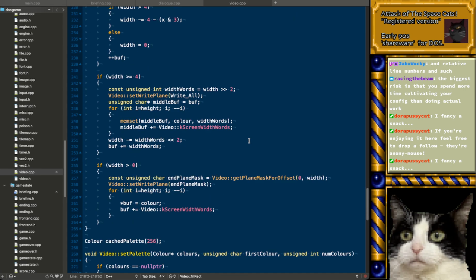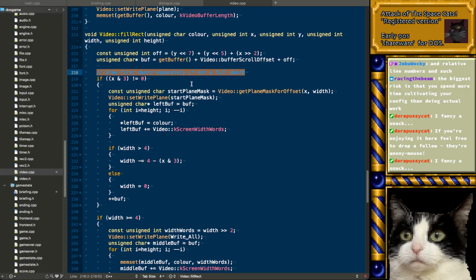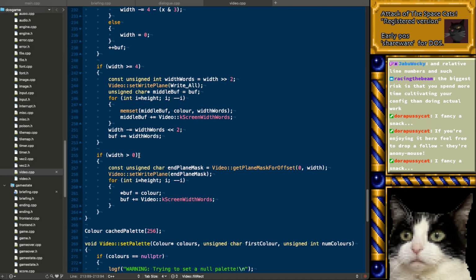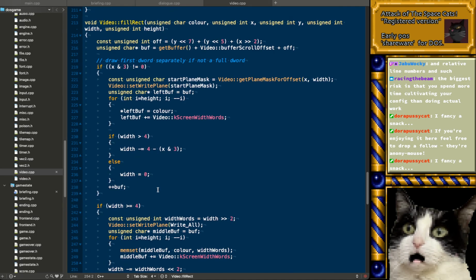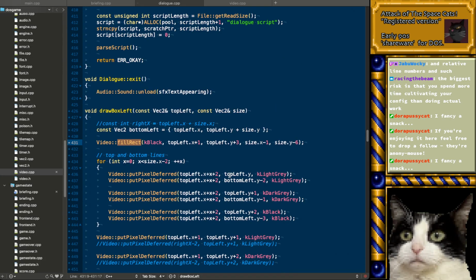What about the last D word? What about the last D word, eh? Width is more than or equal to 4. Oh, okay, we're doing it here. So, it wouldn't be more than or equal to 4. It would be 2, wouldn't it? Size minus 1, just 2.